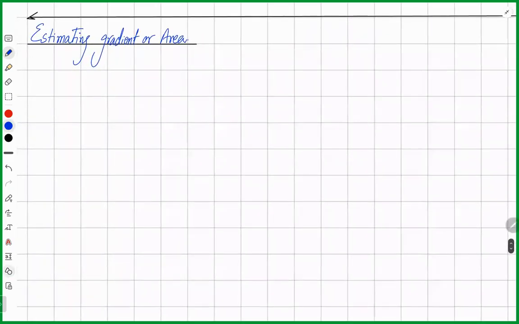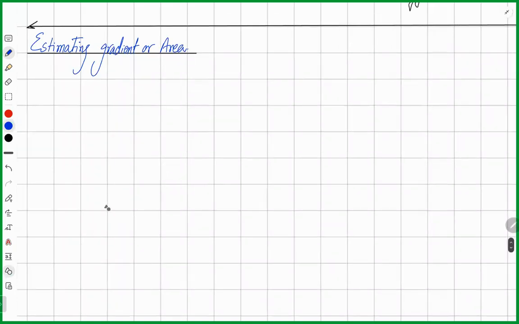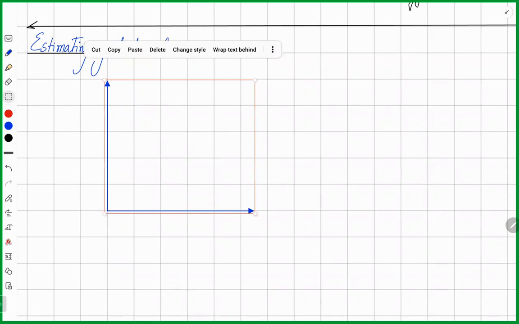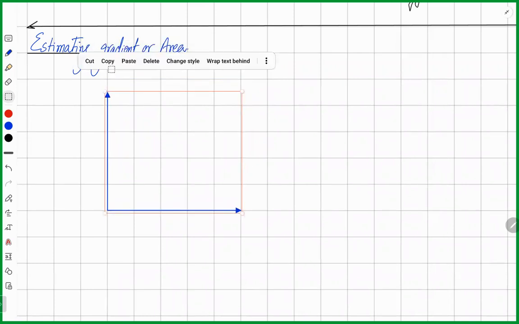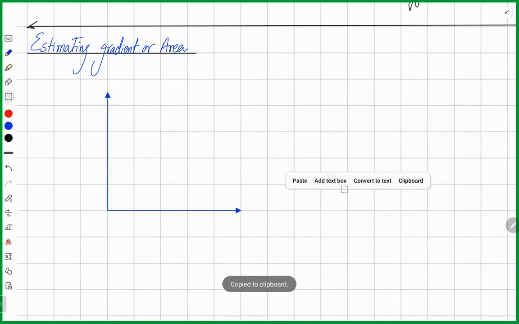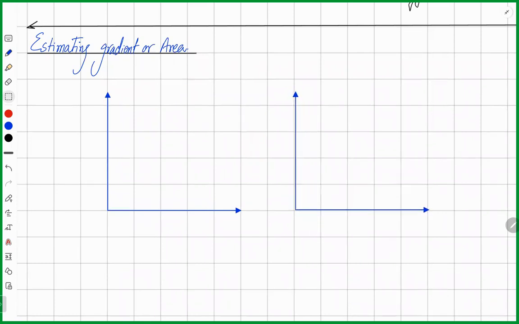Listen, the problem is not all the time we get graphs that are very decent and very organized and very regular shape, geometrical figures. Sometimes we get graphs that are very different or curved graphs. Let's say we have two graphs here.